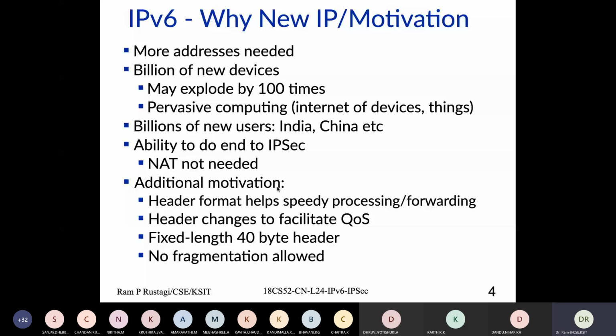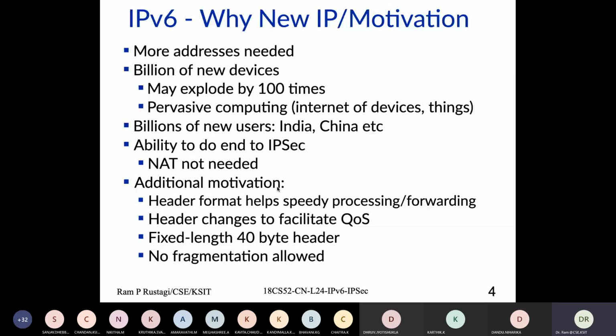we could address the security part, which we'll study in IPSec in a short while. IPv4 would use NAT, network address translation. For example, when you access from home, your IP address is typically 192.168.something or 10.10.something.